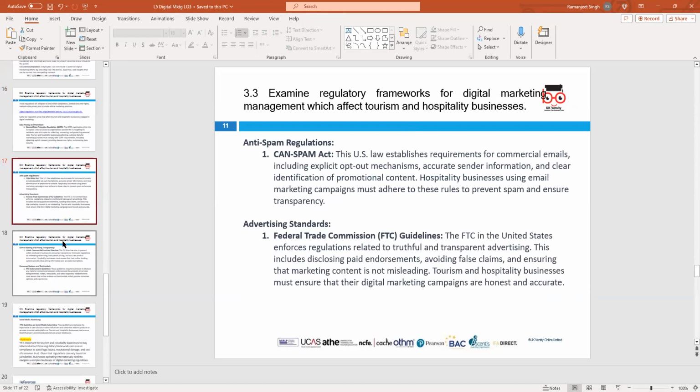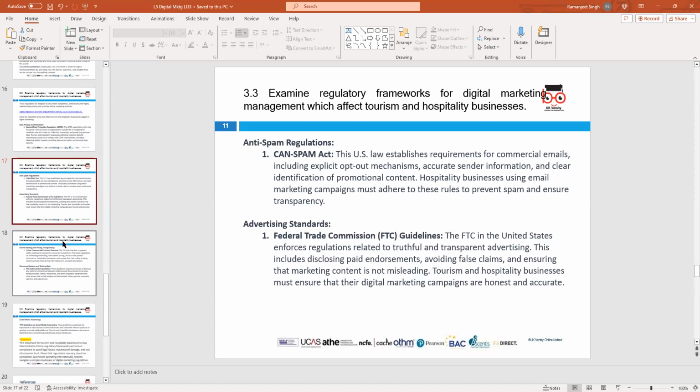In the US, there is a law called the Spam Act, which requires commercial emails to make sure that they are sending to the right person, with clear information and the correct promotional content.